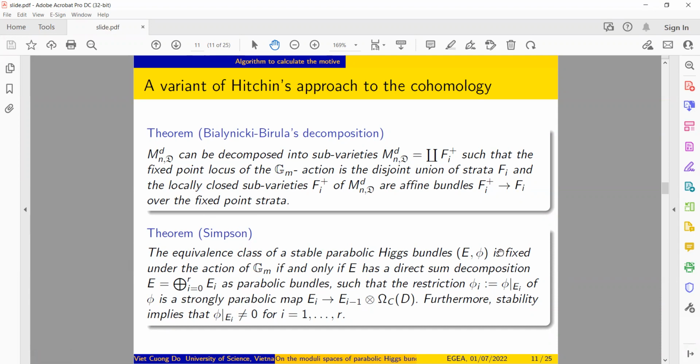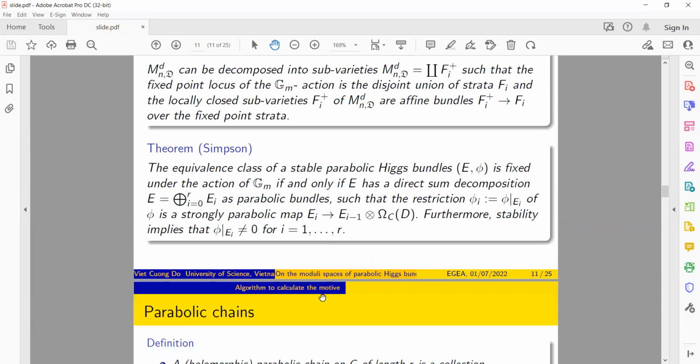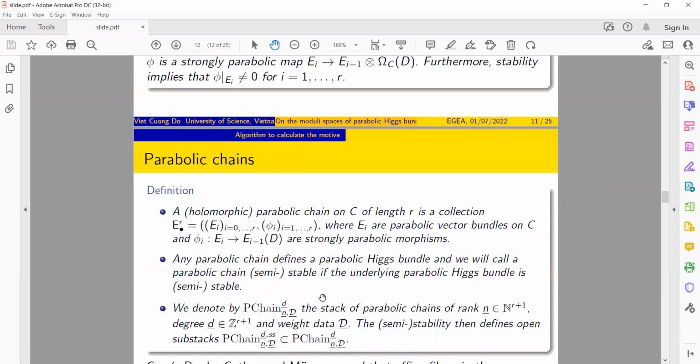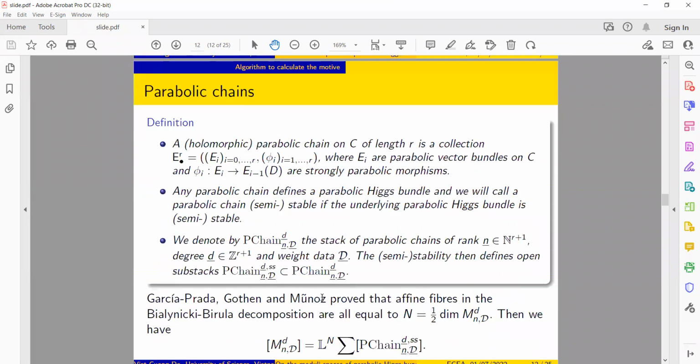I will try to restate this by the notion of a chain of parabolic Higgs bundles. In the next slide, I give you the parabolic chain.